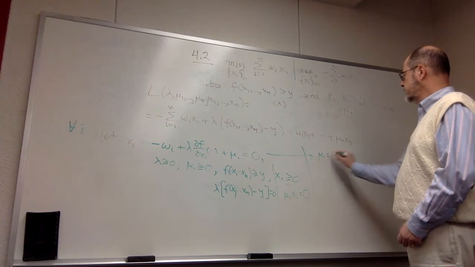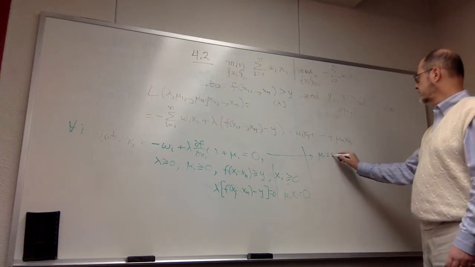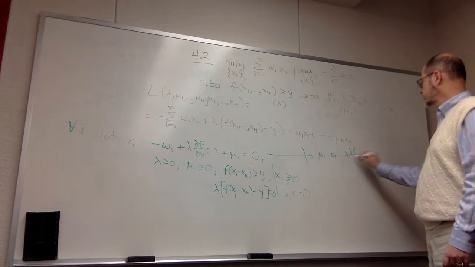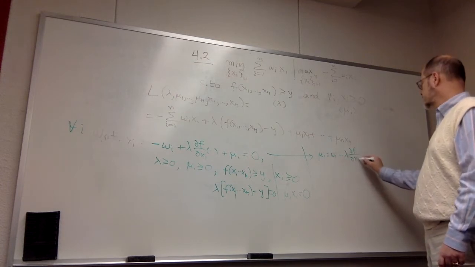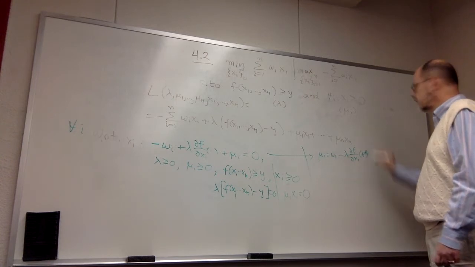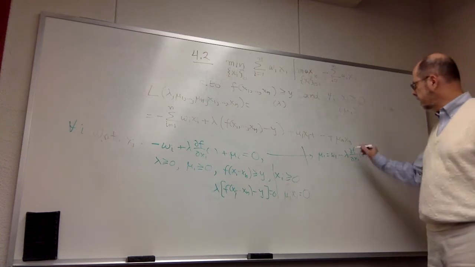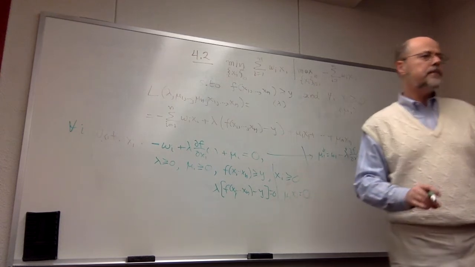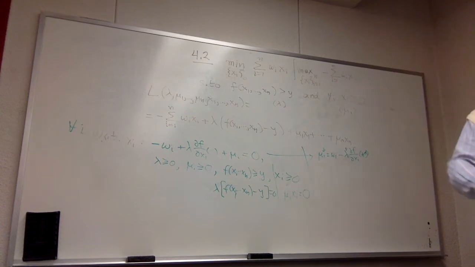Mu i equals w_i minus lambda times the partial of f with respect to x_i, all at the optimal point, x star. Okay, and the lambda star, of course. I should have been putting stars on these all. At the optimal solution, they are a specific set of values for these variables that we get.